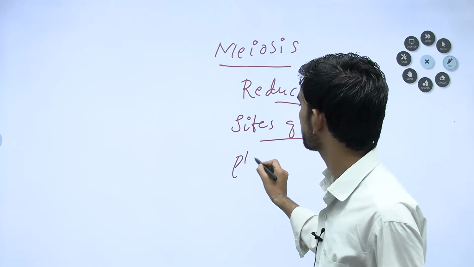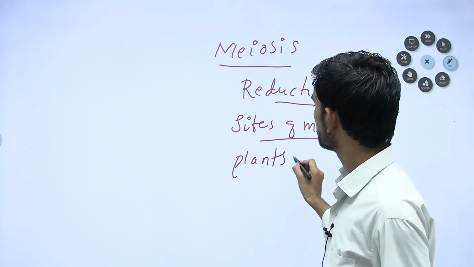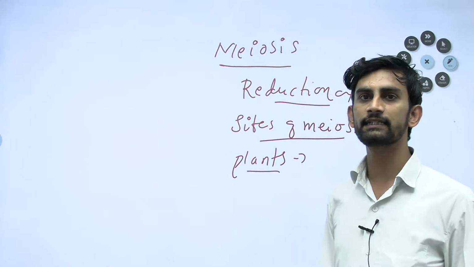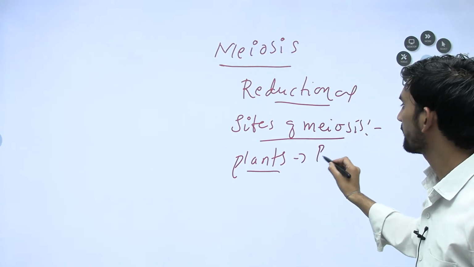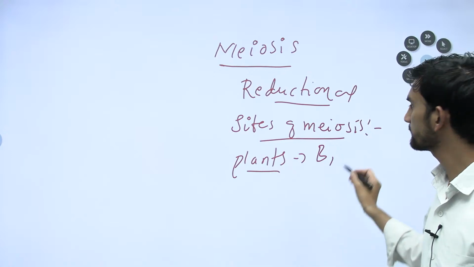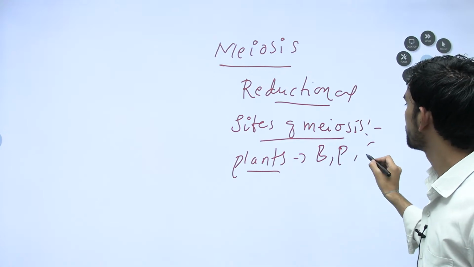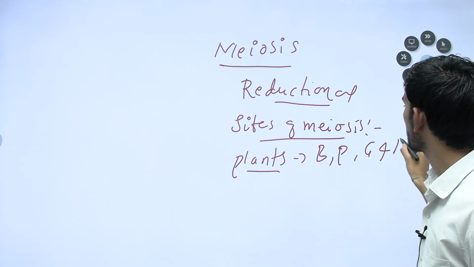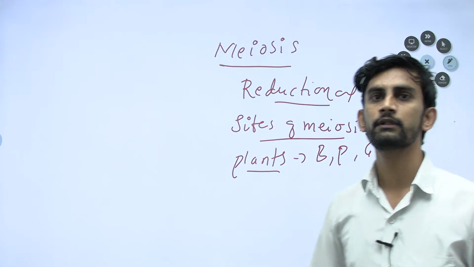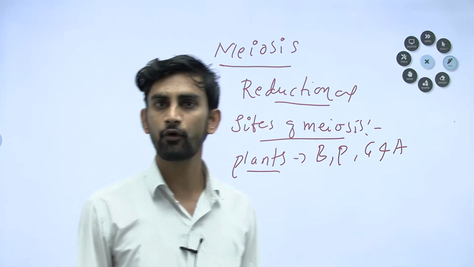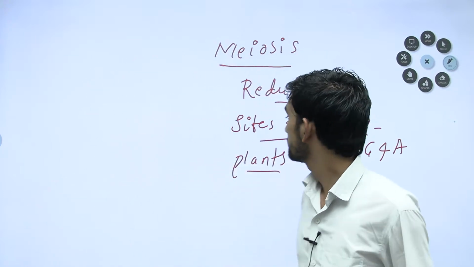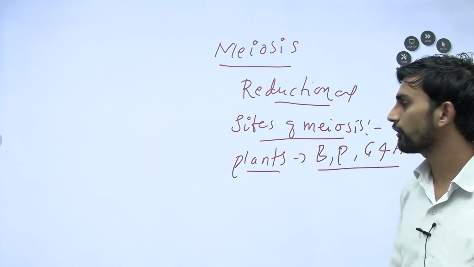In plants, you find meiotic cell division in higher vascular plants, commonly called bryophytes, pteridophytes, gymnosperms, and also angiosperms. These four together are called vascular plants. You have studied them in detail in botany. In these vascular plants, you will find meiotic cell division.